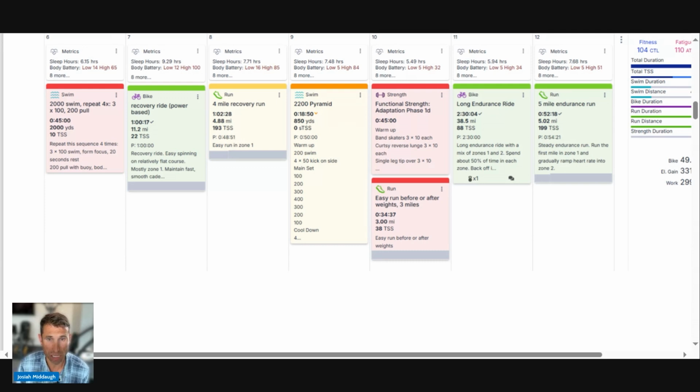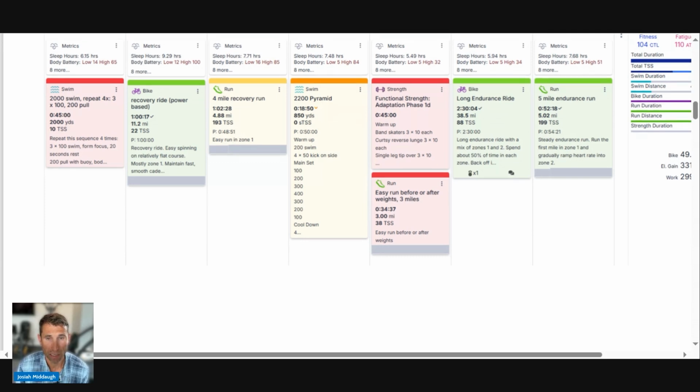Sometimes you'll see something turn red even though you completed the workout, but if it was, say, a bike workout, but you selected something slightly different on your watch, like a mountain bike, then it might show up as a separate workout, and so the planned workout would be red, and then your other workout will log.